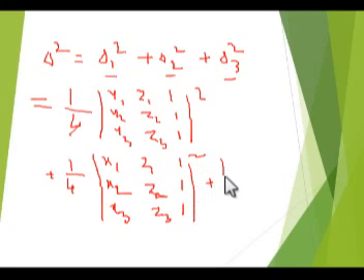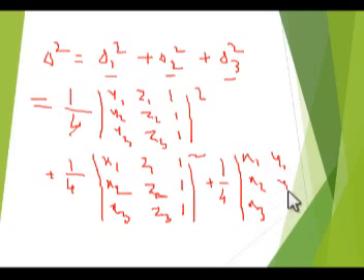plus 1 by 4 times, here z is 0, so this will be x1 x2 x3, y1 y2 y3, 1 1 1, squared.